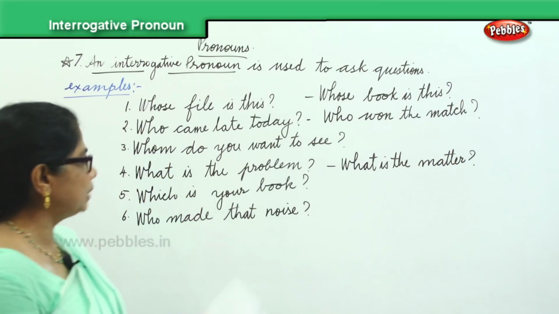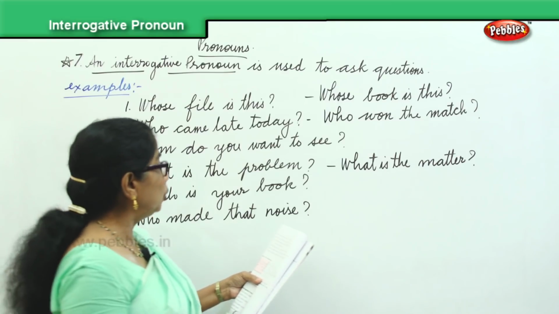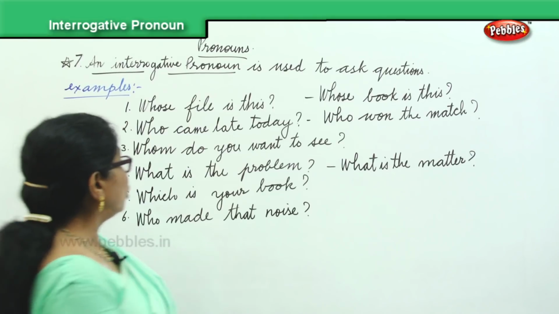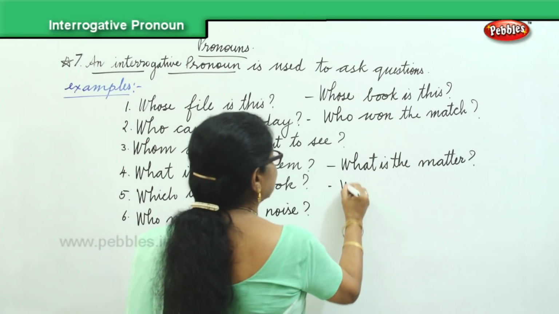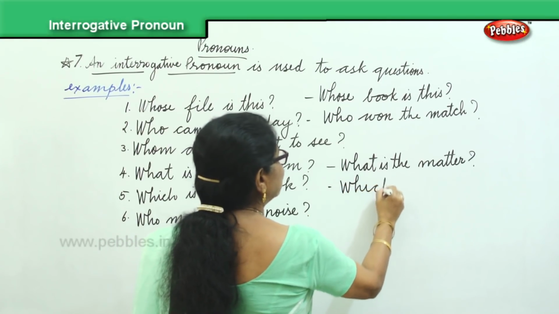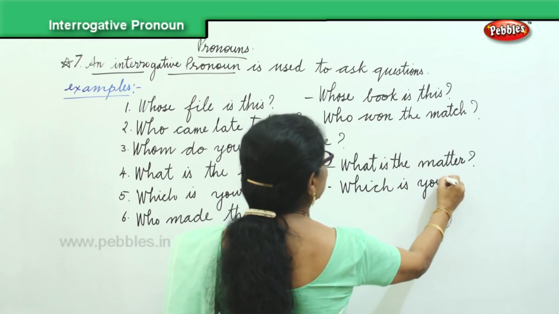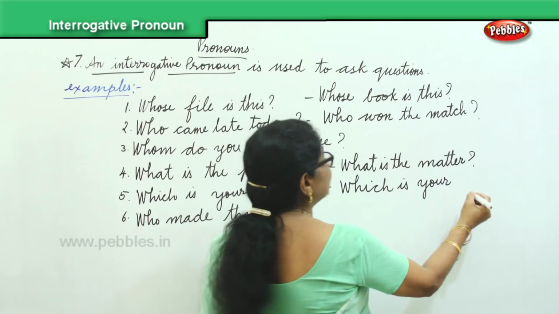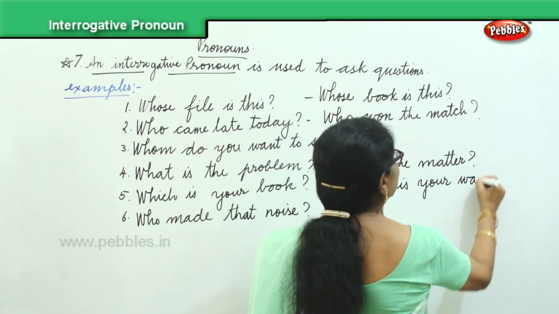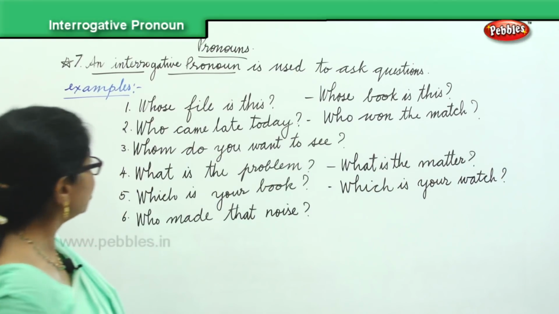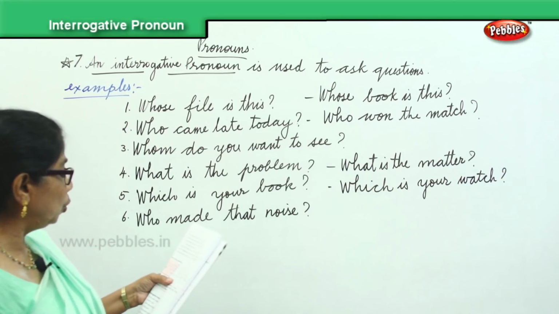Whom do you want to see? You can say, whom do you want to see? Which is your watch? Which is your place, which is your watch, whatever. Which, who, whom do you want to see?